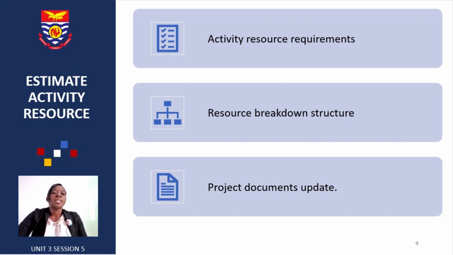So yes, when the project team has carefully performed this function, they can achieve the activity resource requirement, which is telling us the things we need for that activity. The resource breakdown structure, just like we have the work breakdown structure, you need to have the resource breakdown structure.